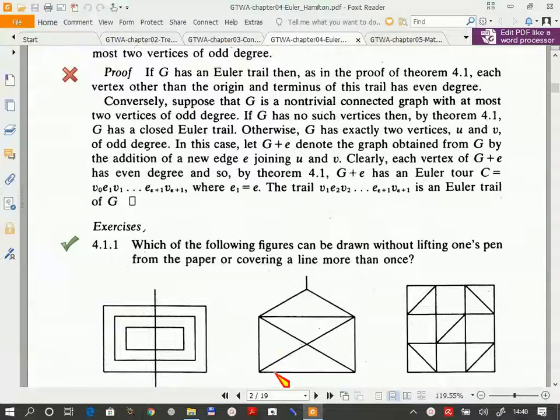Why this? Because it has surely an Euler trail with the origin and terminus, these two vertices which have degree 3. Okay, so if I get rid of this edge, this vertex also has even degree, and so we can try that.